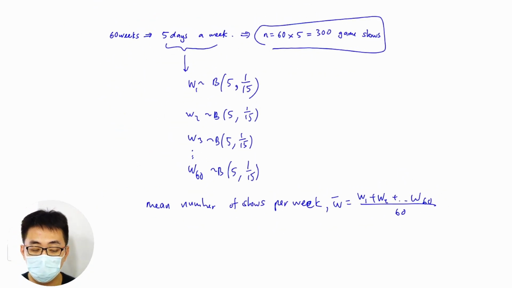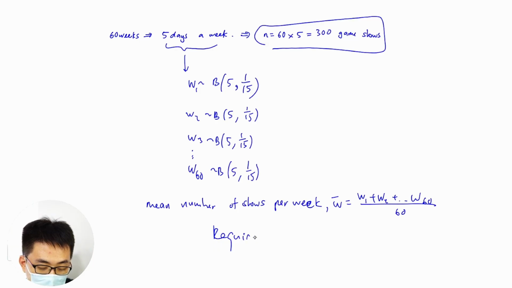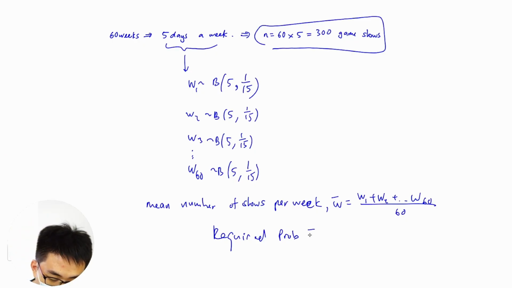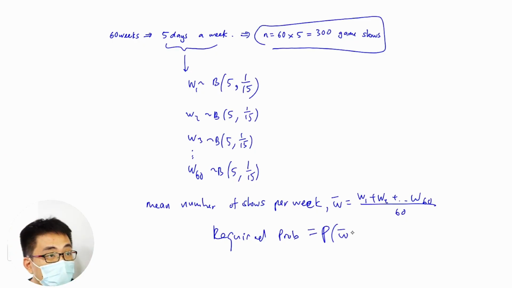Okay, so this is the mean number. So I want the required probability that this is more than 0.4.